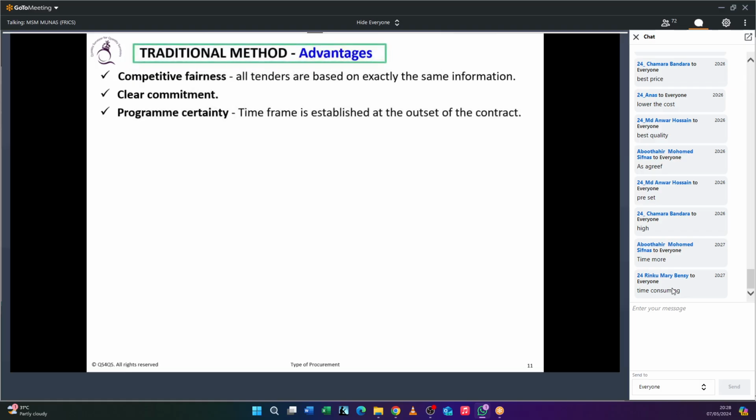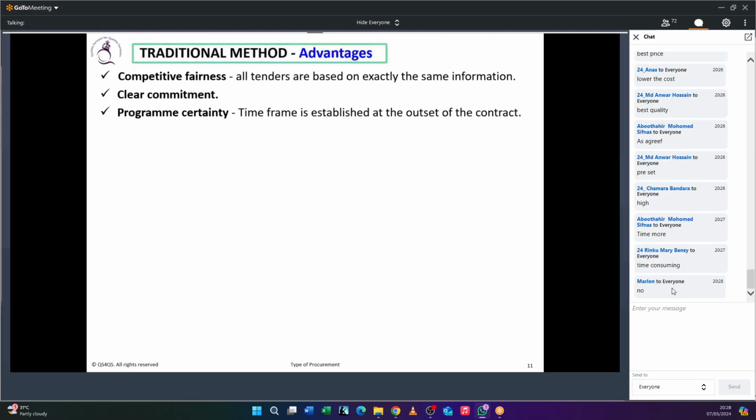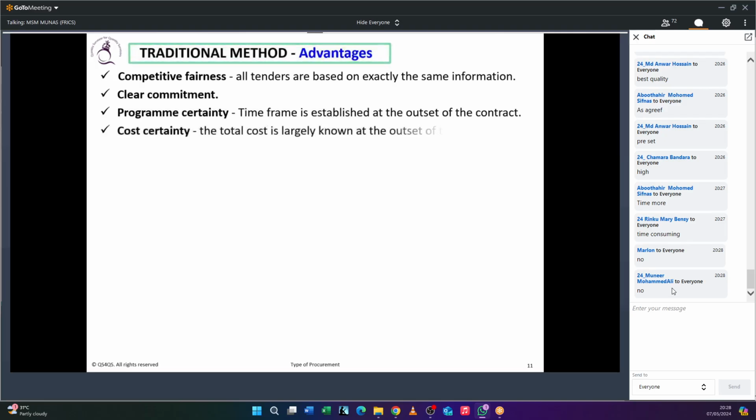We have program certainty. That means if you define the scope of work, you can define the project duration. If you don't define the scope of work, can you say how long it will take to finish the project? No. Therefore, there's program certainty. Since you define the scope of work, there's cost certainty.